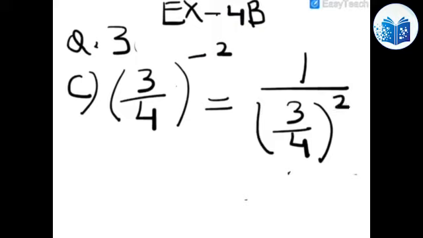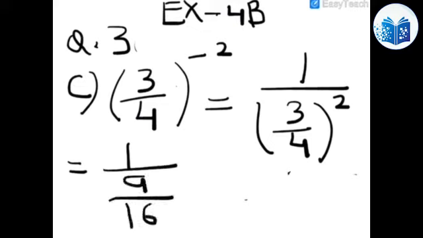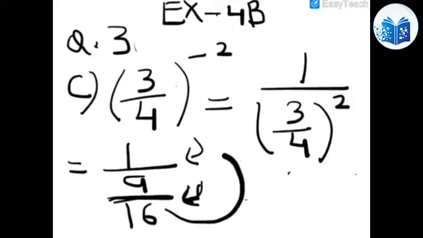Now, what will we do? We'll open it. 1 over, 3 3s are 9, 4 4s are 16. Now again, whenever we have two denominators, the one which is under the second denominator or fraction sign will come at the top.